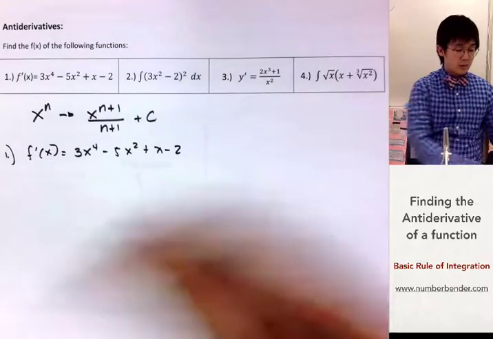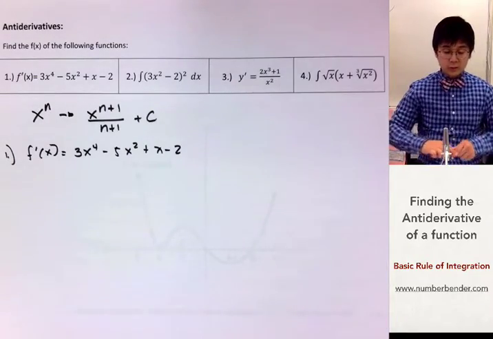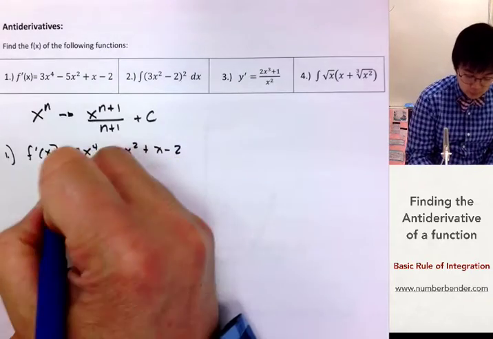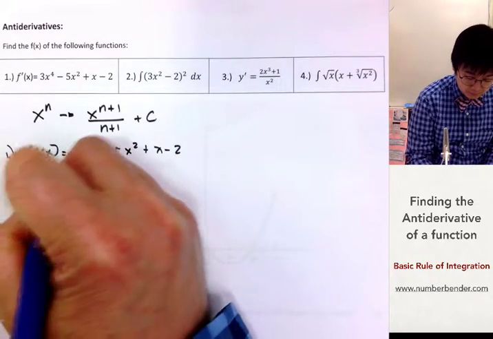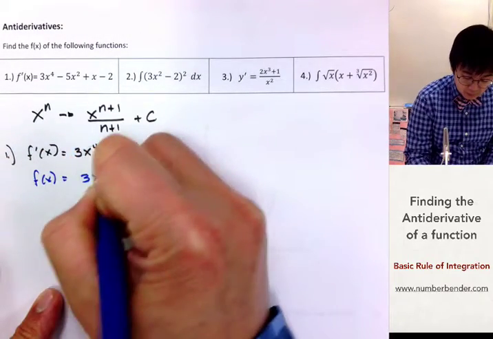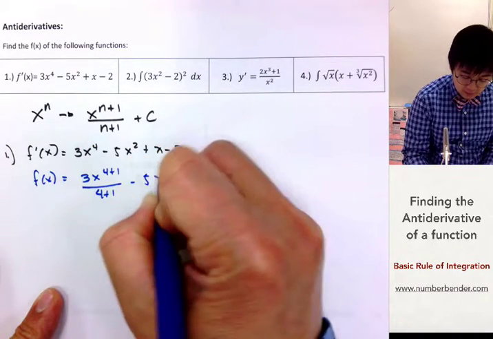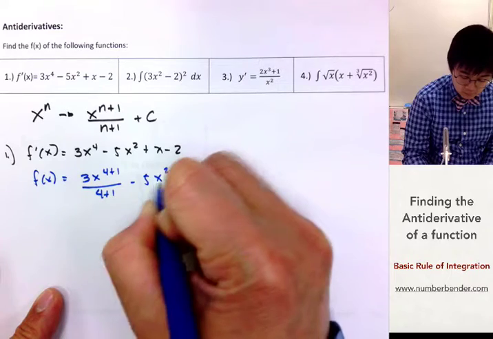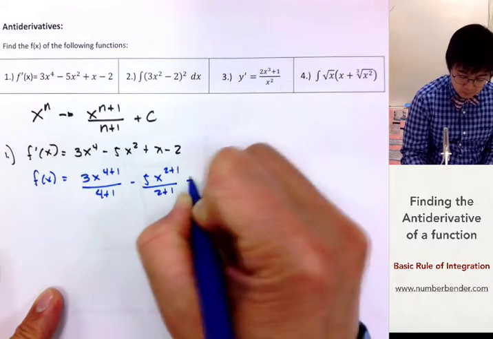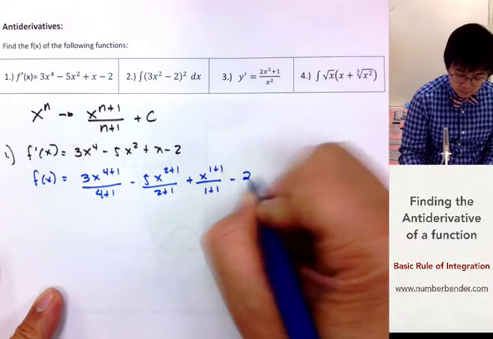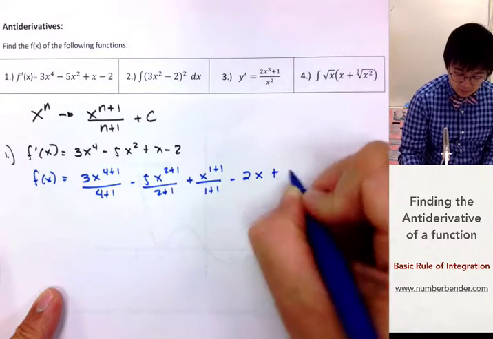Using the rule, all we need to do is add 1 to the exponent and then divide by the new exponent. So f of x will be 3x to the 4 plus 1, minus 5x to the 2 plus 1, plus x, minus 2x plus c.